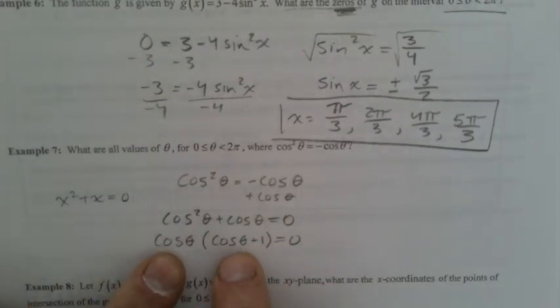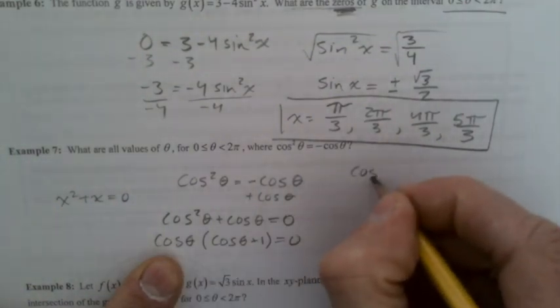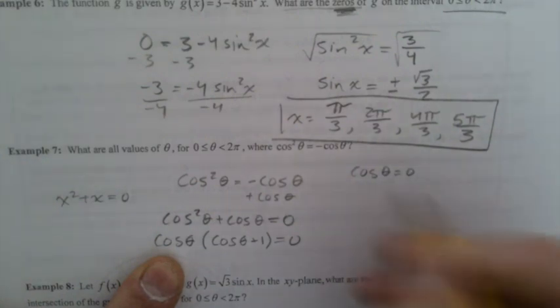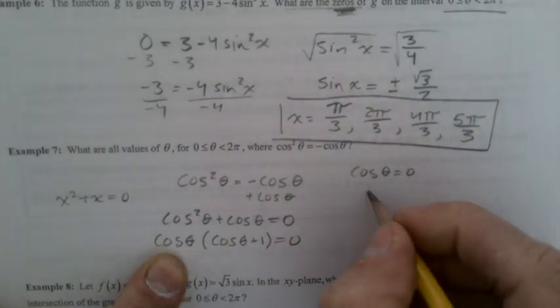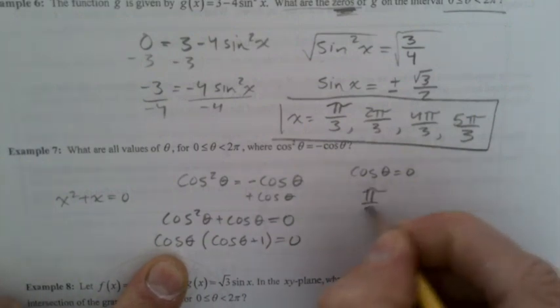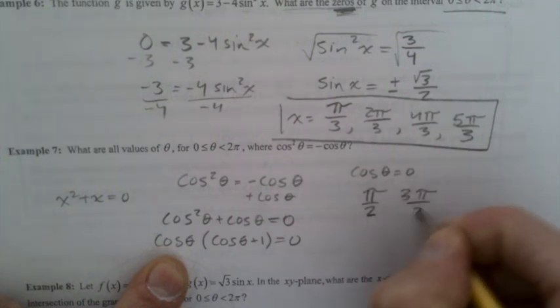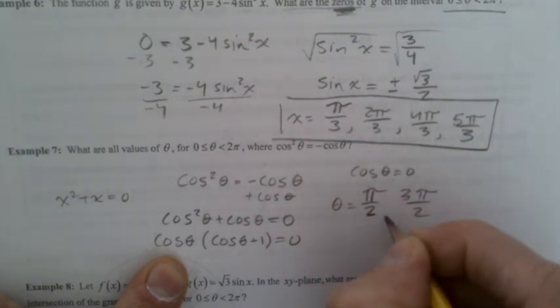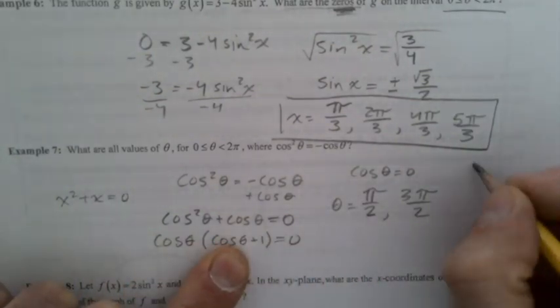And now we have different solutions here. We take the left side, cosine of theta, set it equal to 0. When is cosine of theta equal to 0? Well, go to your unit circle. You'll find that that is going to be at pi over 2 and 3 pi over 2 for your theta. Now, I also want to do the other equation.